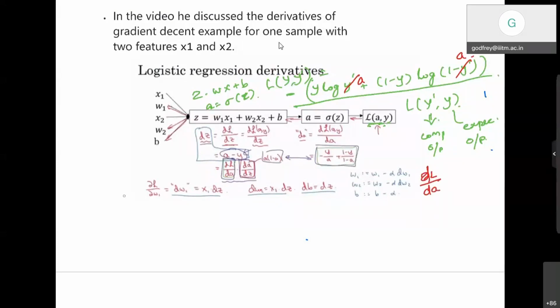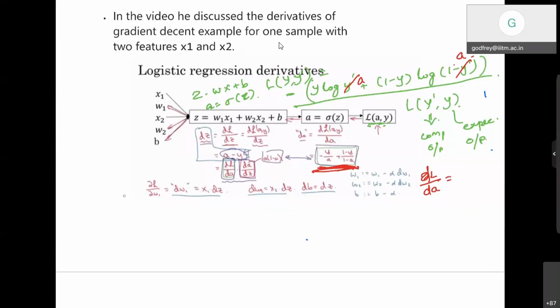When you compute dL by dA, what do you get? You get this equation: minus y divided by a. Here there is a minus, and from here you get another minus, so you have minus minus plus 1 minus y divided by 1 minus a.